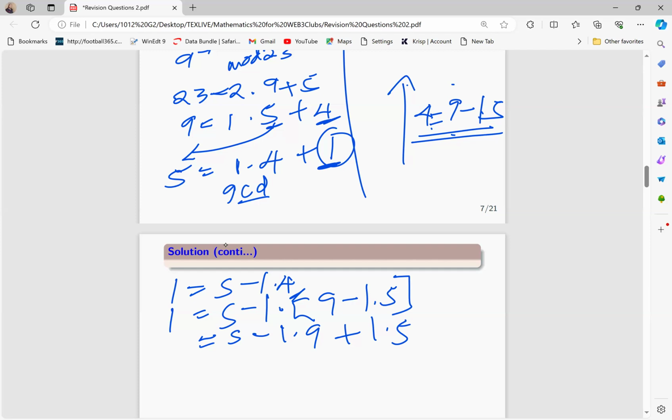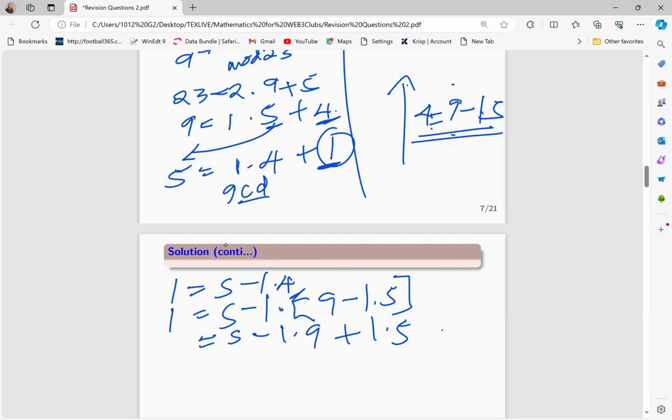So we take the 1 equals 5 minus 1 times 4, replace 4, which we got as 9 minus 1 times 5, so 5 minus 1 times 9 plus 1 times 5. Let me go through it here. Yeah, collect like terms.